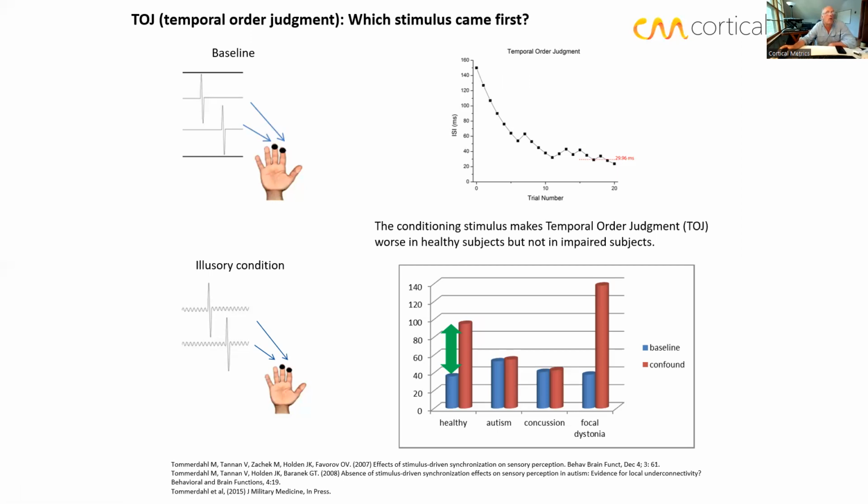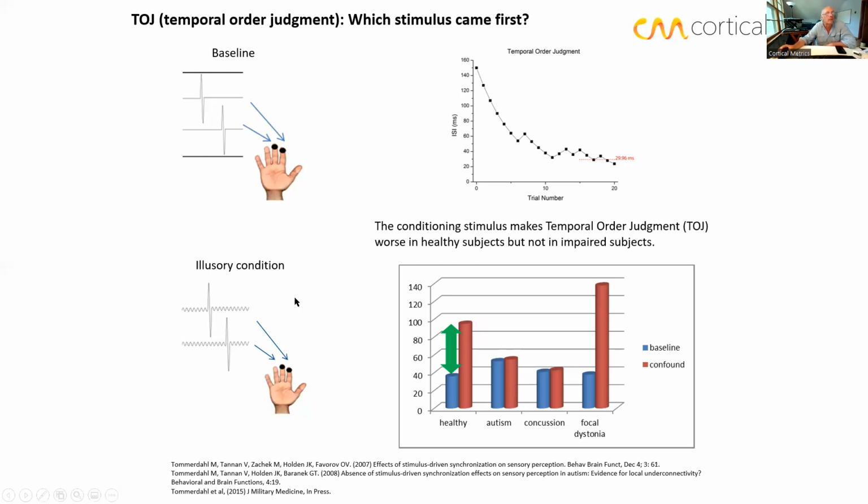Now, how are we going to change that? The illusory condition gives a very, very weak sinusoidal stimulus at the same time. Now we give this beep, beep, these two taps right on top of that illusory condition.